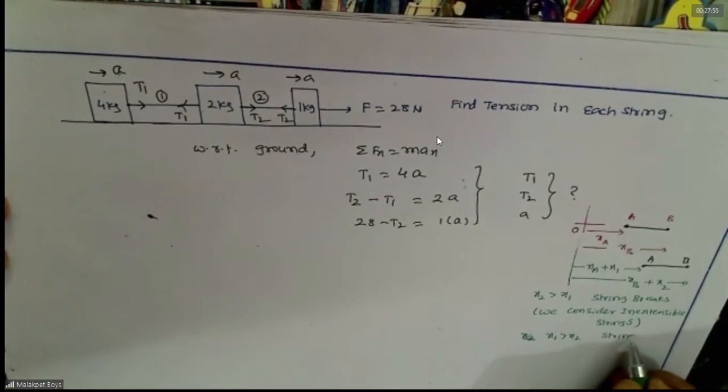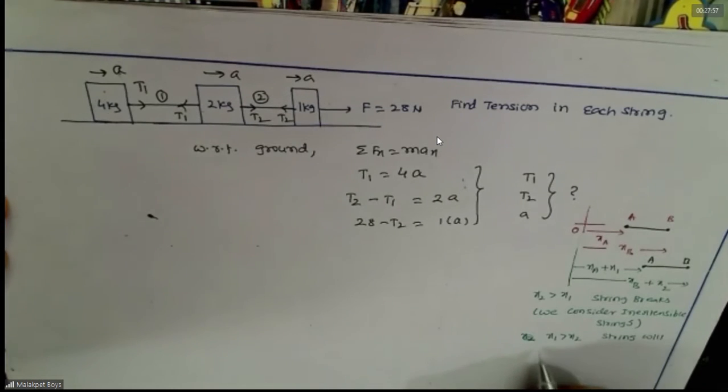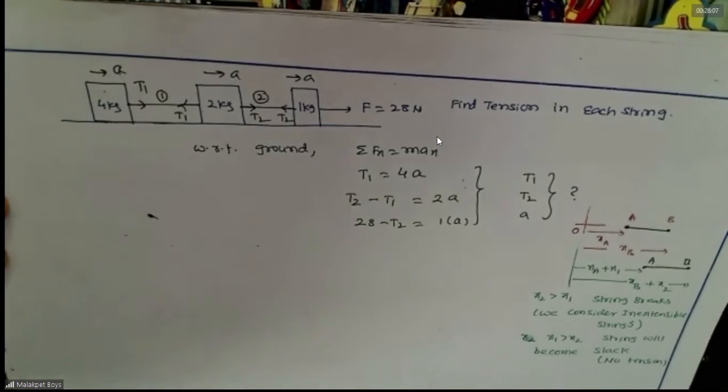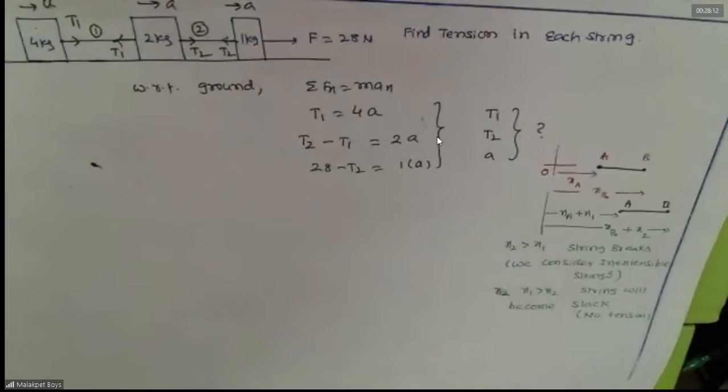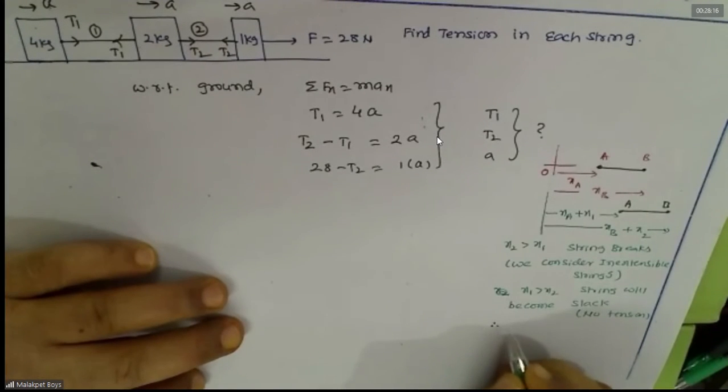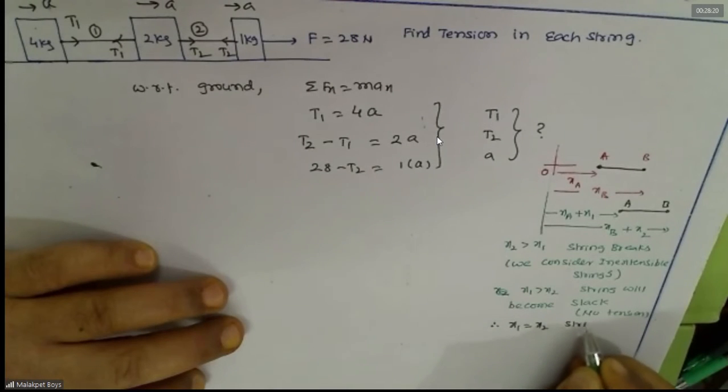The string will become slack. Slack means no tension, loose we call, no? Understood this clearly? Now therefore, if X1 equals X2 only, the string is taut. Taut means under tension.